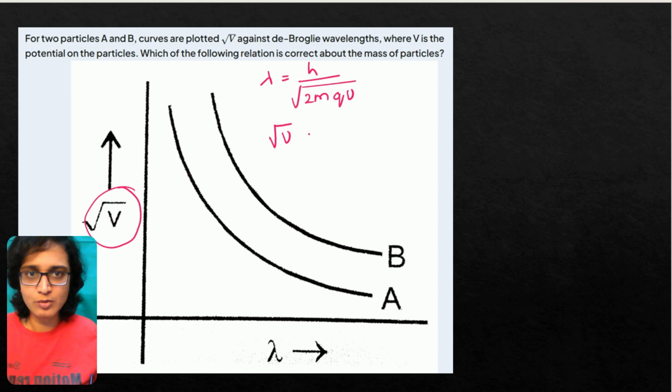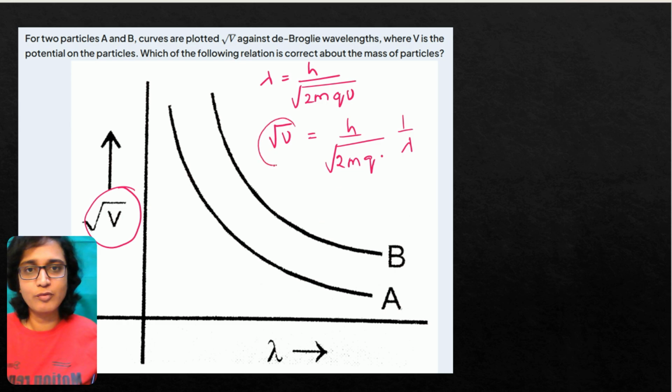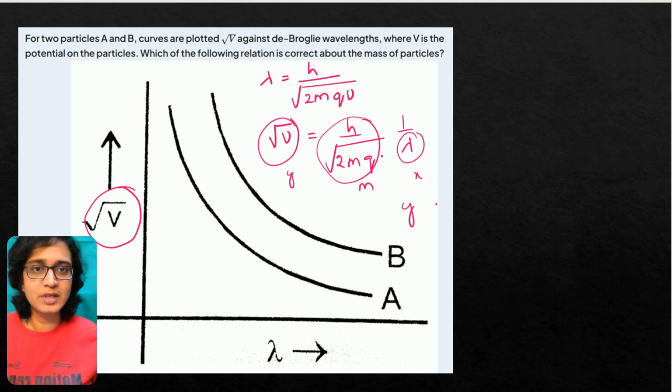Then root v is equal to h by square root of 2mq and lambda. So this is the y, and this total will be m, and this is x. So our graph will be a y is equal to m by x type graph.